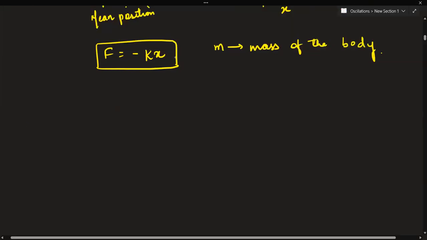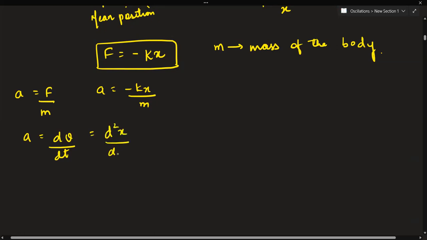If F is equal to minus kx, then acceleration is force divided by mass. So if I write the value of this, acceleration will be minus kx divided by m. Now see, acceleration is dv over dt, the rate of change of velocity, or you can say the double differentiation of the displacement. This is very basic physics that you have already studied in motion in 1D.